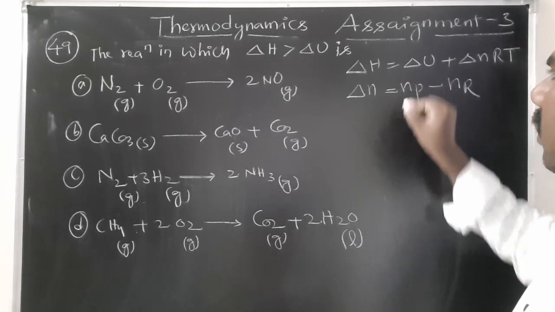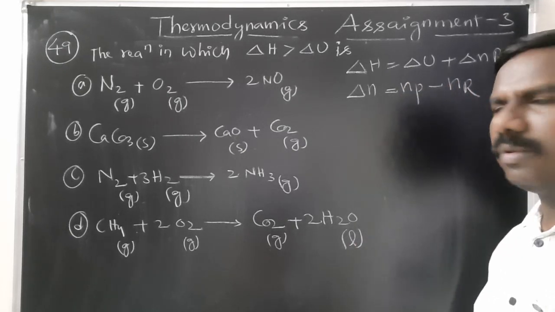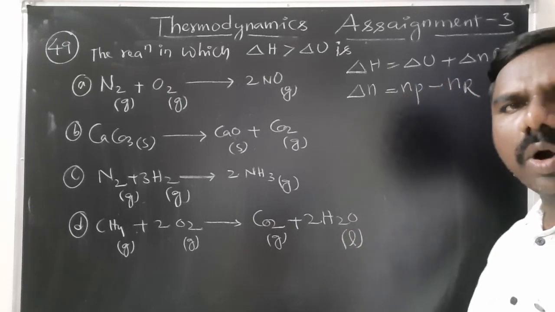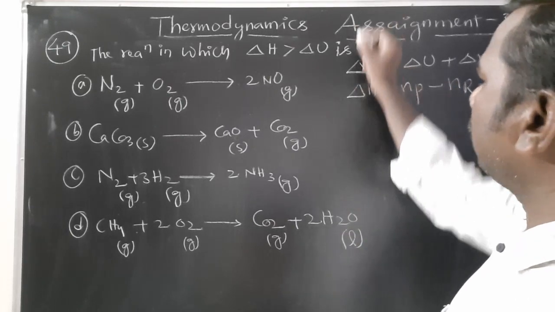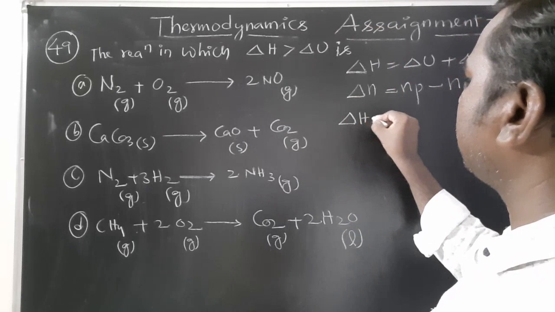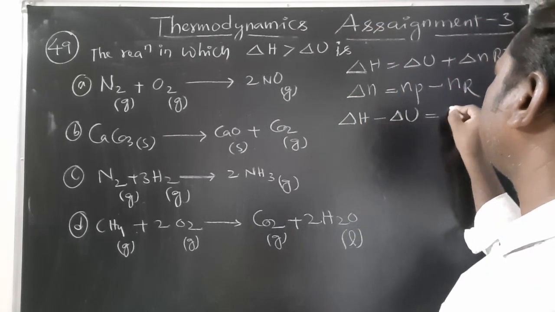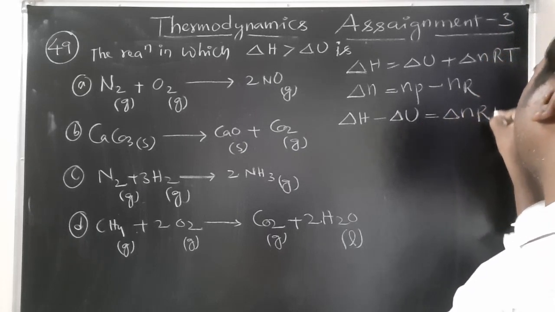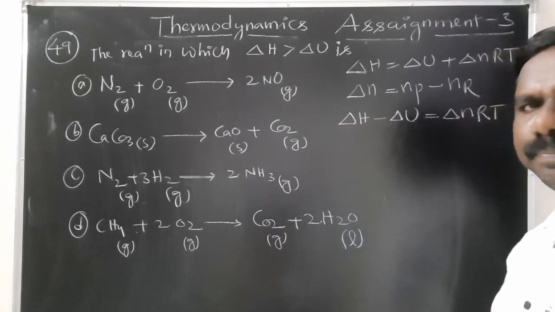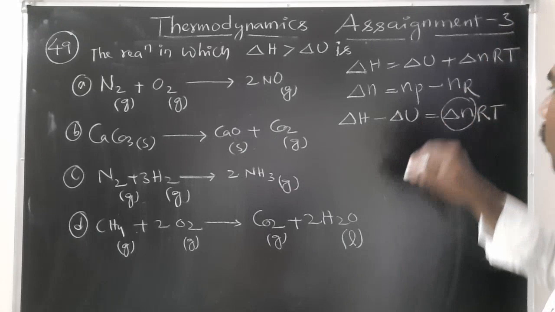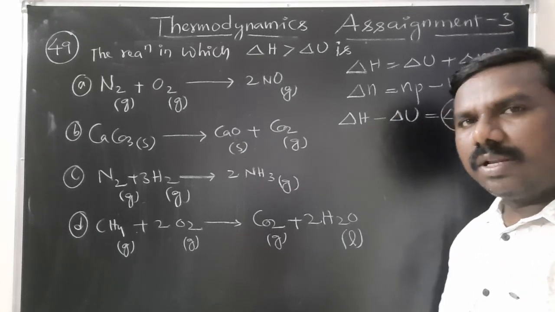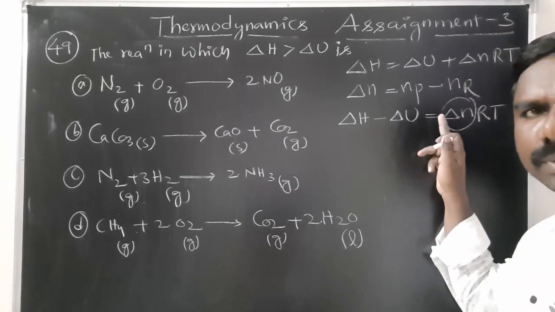So delta H minus delta U is equal to delta N RT. If delta N is positive, then the whole value is positive.